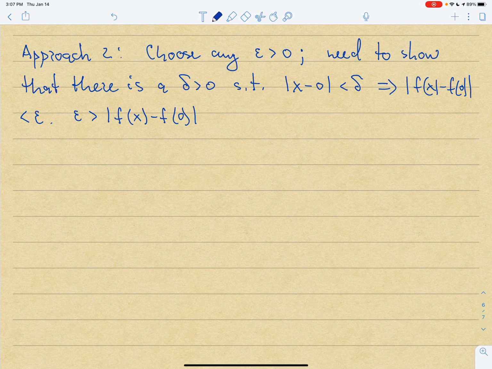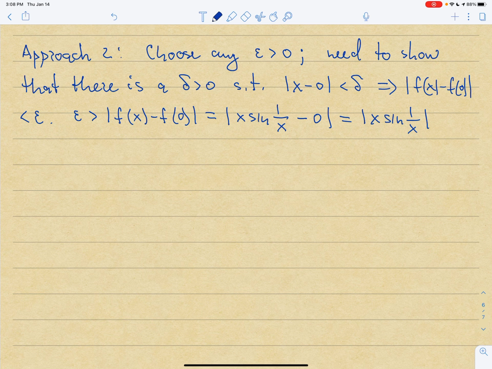What would this mean? It would mean that x sine of 1 over x, that's the value of f of x, minus 0, the value of f of 0, is less than epsilon. But of course, because I am subtracting 0, this is the same thing as absolute value of x times sine 1 over x.